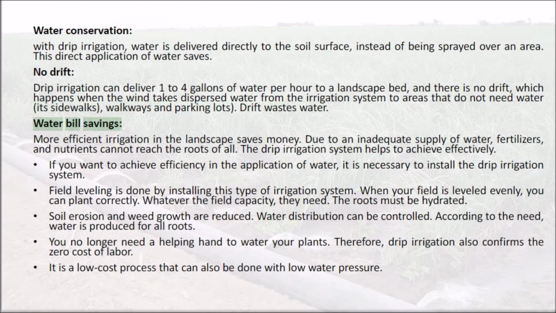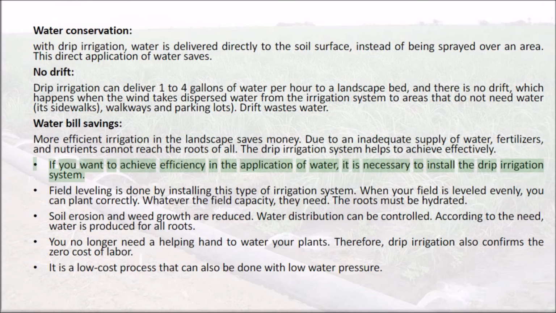Water bill savings. More efficient irrigation in the landscape saves money. Due to an inadequate supply of water, fertilizers and nutrients cannot reach the roots of all plants. The drip irrigation system helps to achieve this effectively.